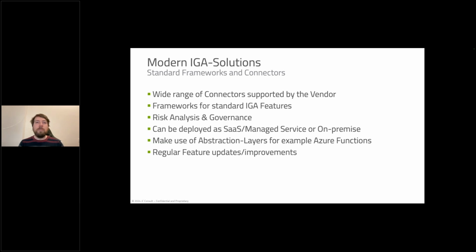They will update and improve their product. So coming from IDM, I think the last update was IDM 8.0 Service Pack 5. And right now, I think we're still on 8.0 Service Pack 5, which is quite some time, I think 5 years or so in between.